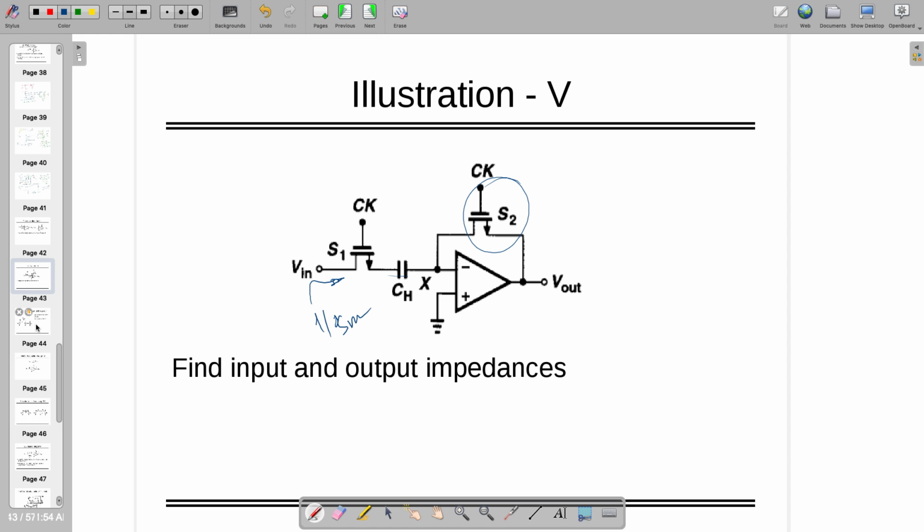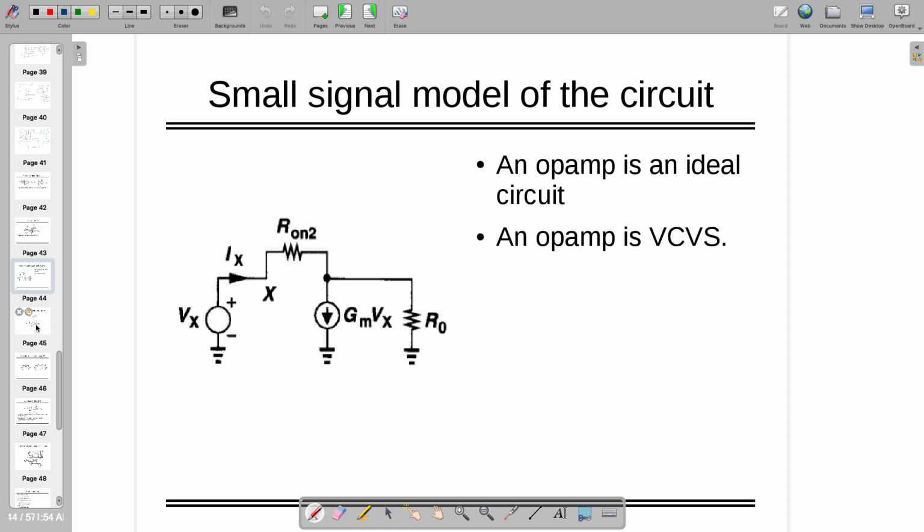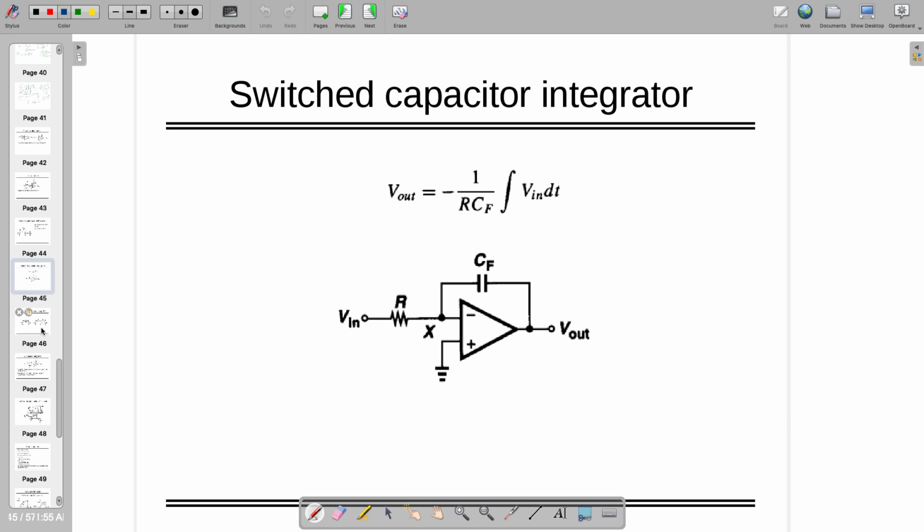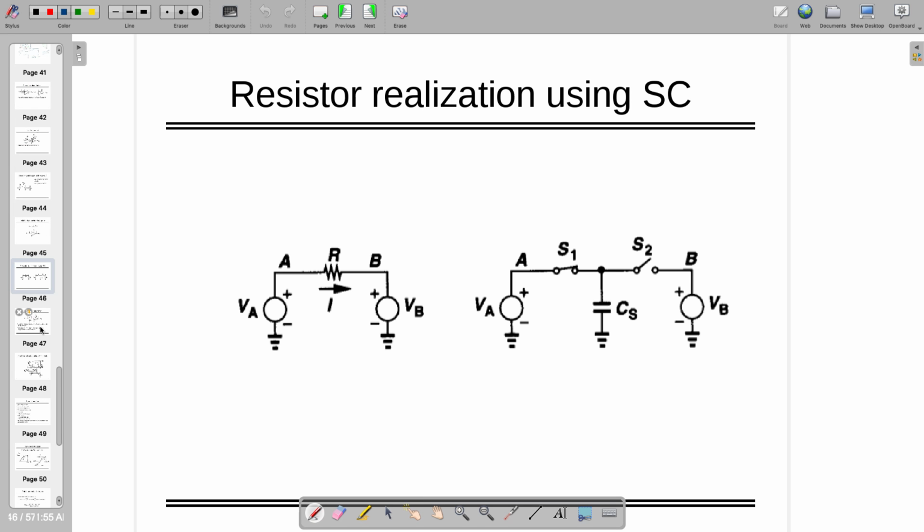So this was just an in-between. After applying all these things you can find out. I'm not going into all these things. But the most important part was, if you want to realize a resistor, that can be realized using a switched-cap circuit where there are two switches S1 and S2 whose phases are 180 degrees phase shifted, right?